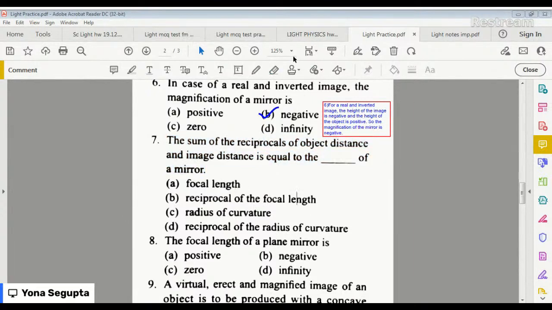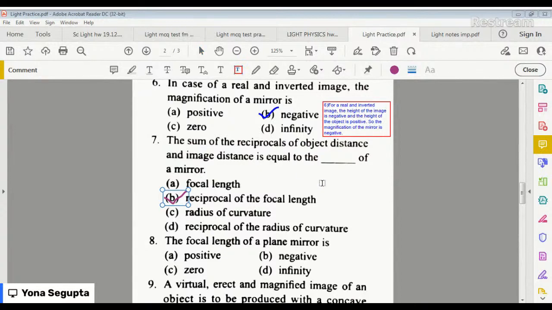So the answer here will be the reciprocal of focal length.